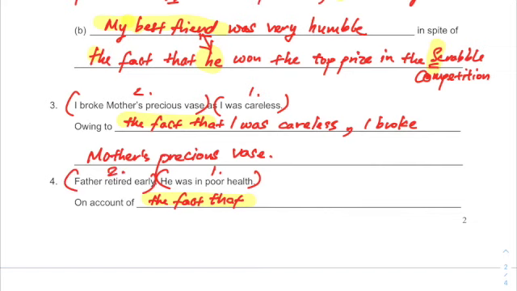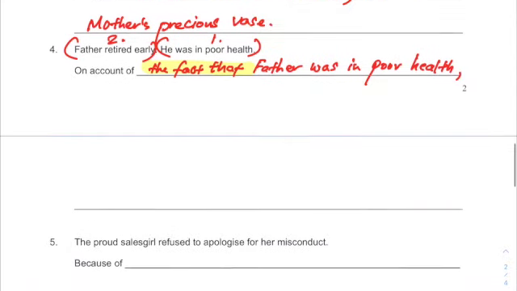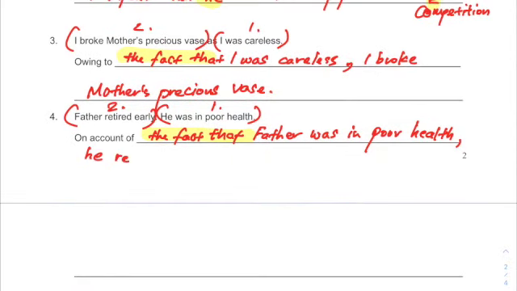So on account of the fact that father was in poor health, he retired early. So notice here that again there's a comma. When there's a connector in front, a comma takes the place of the connector in the middle, and the subject is now in the front so that it's clear who is in poor health.